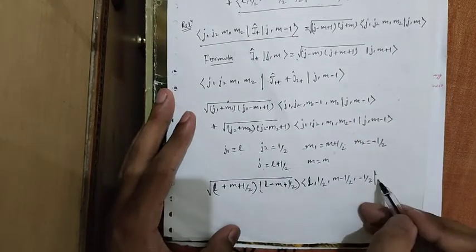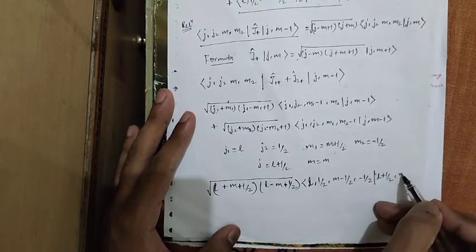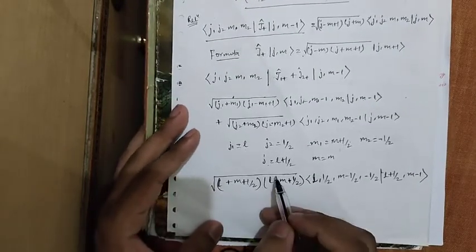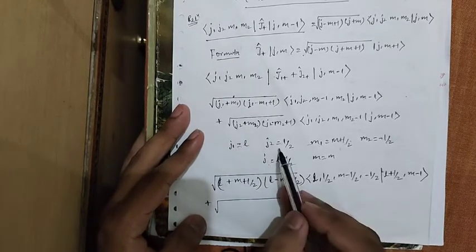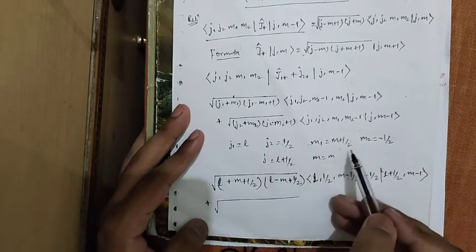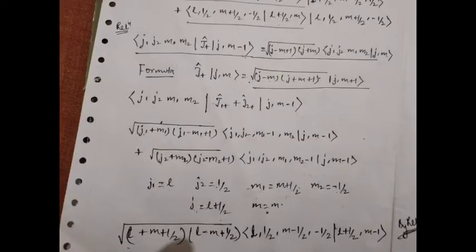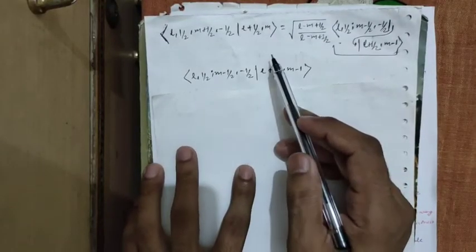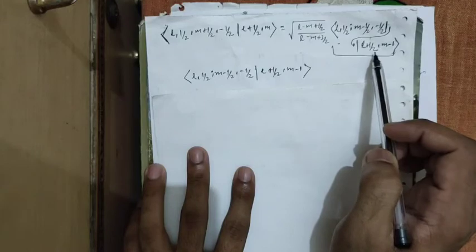And for the other term, the square root of j2 plus m2, which is half plus minus half, gives 0. Now on comparing both sides of this relation we end up with a relation for the coefficients.